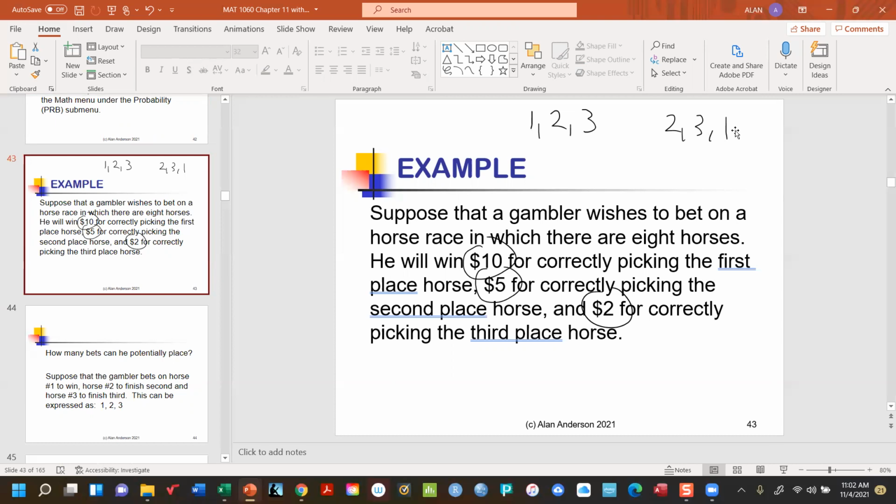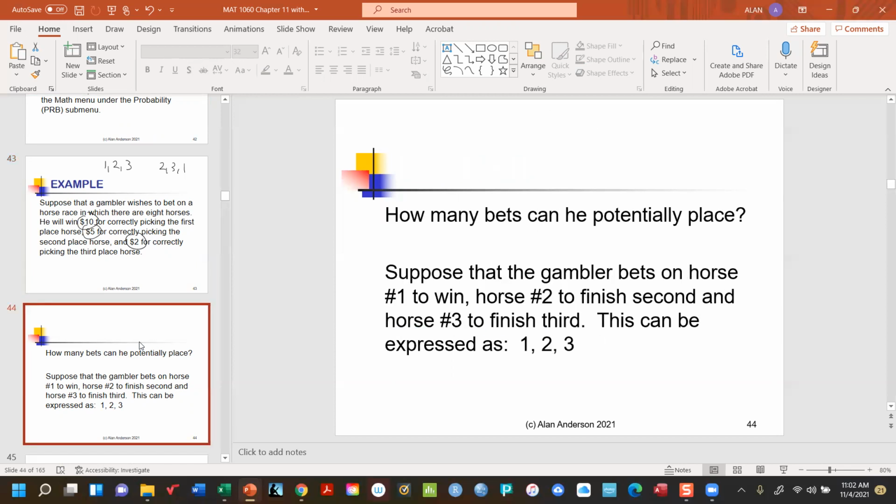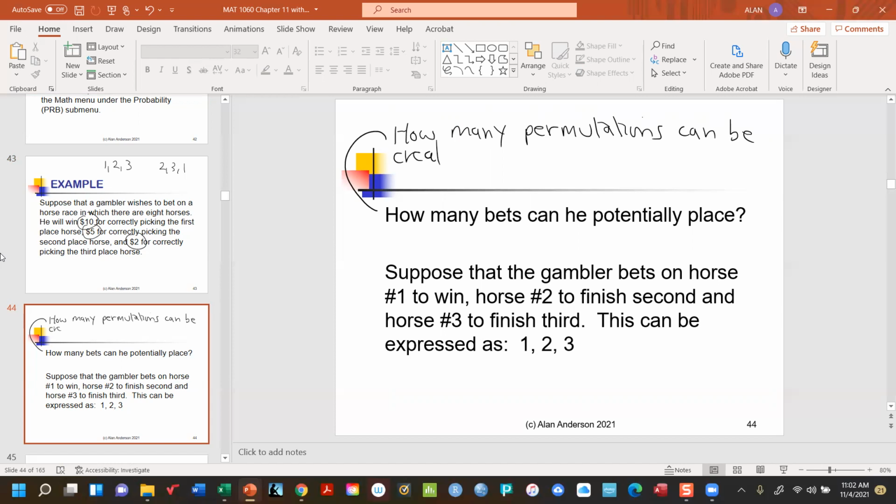So if you were asked how many different bets you can potentially place on this race, what you're actually being asked for is how many permutations can be created or are possible when choosing 3 objects from 8.